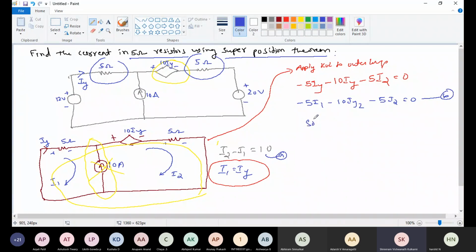If I solve equations A and B, I'll get I1 and I2.